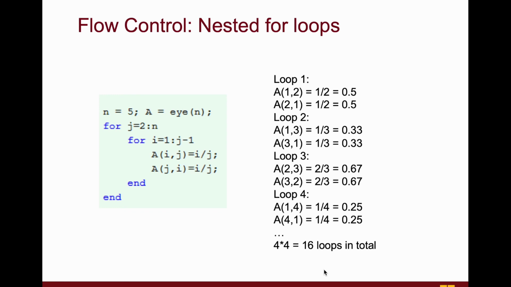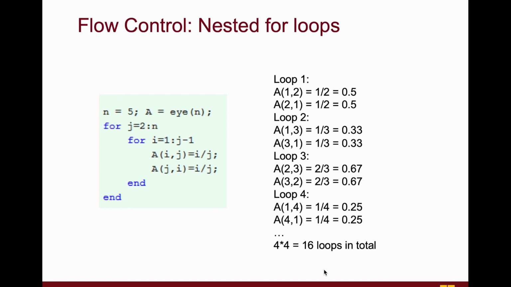We go to loop 4, which increments j to 4. Now i goes back to value 1, the inner nest, and in loop 4, we execute a14 and a41. So eventually we will have our 4x4, which is 16 loops executed.